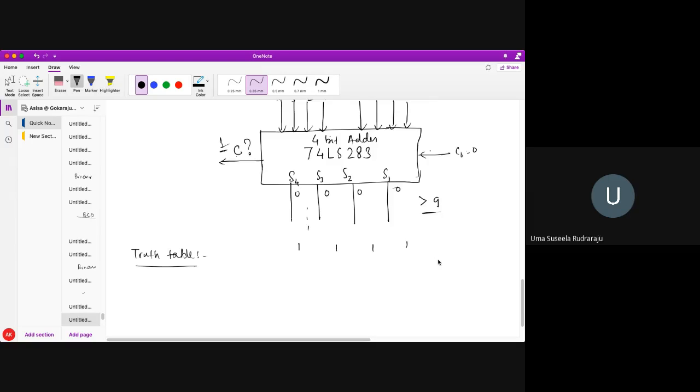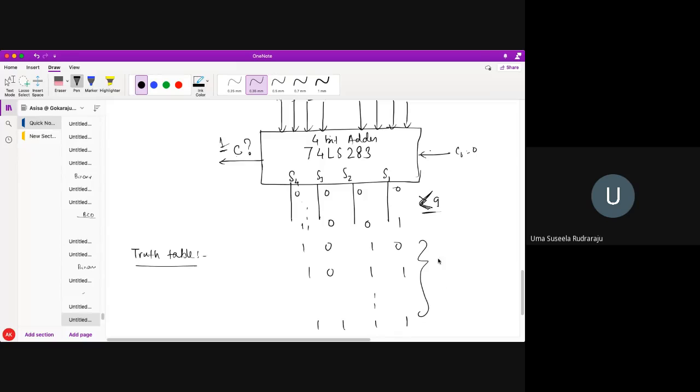Am I correct, students? For those particular combinations of sum, I am going to decide where correction is needed. I need correction after 9. From 0000 to 1001, I don't need any correction because all of these are less than or equal to 9. Now from 10 onwards, I would have 1010, 1011, up to 1111.